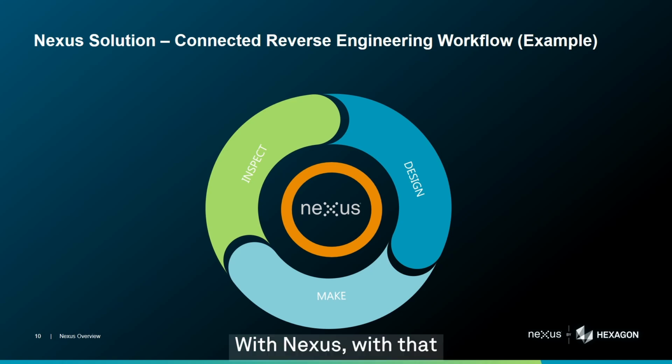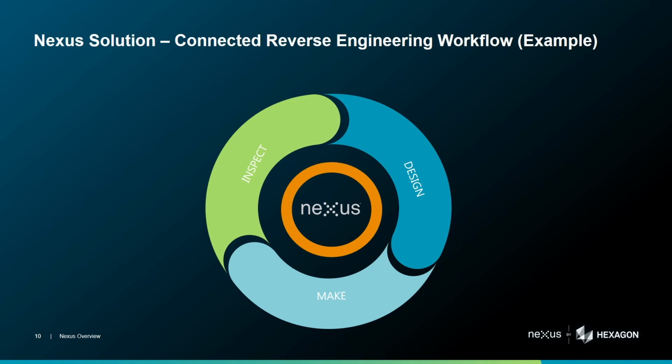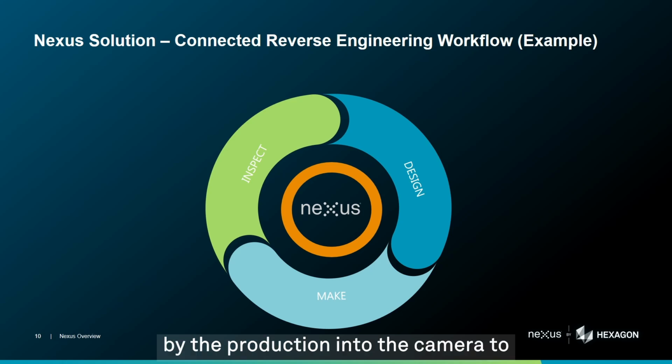With Nexus, with that ring that goes inside, the idea here is that there is a system of engagement that is accessible to these functions, where they can send the data when they need it, as they need it, so that the same data that is created by this 3D catalog, the engineering design, can now be accessed by the production engineer to create a process plan.